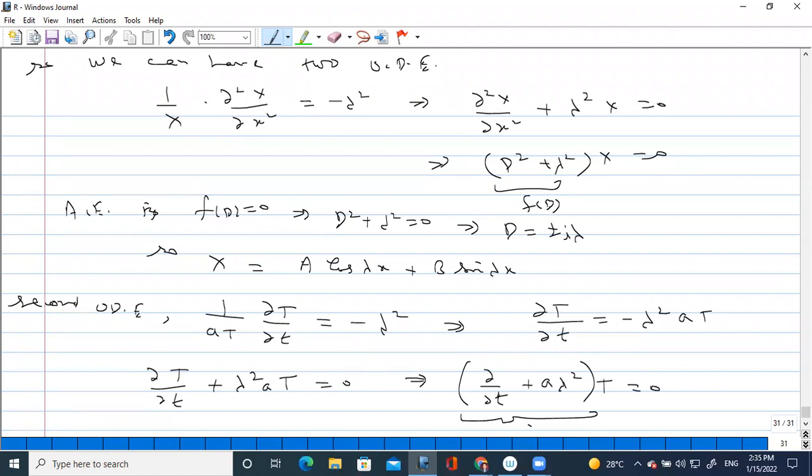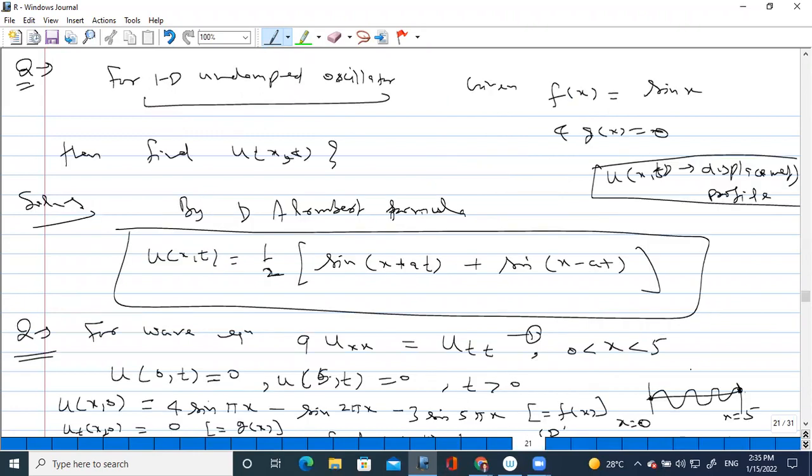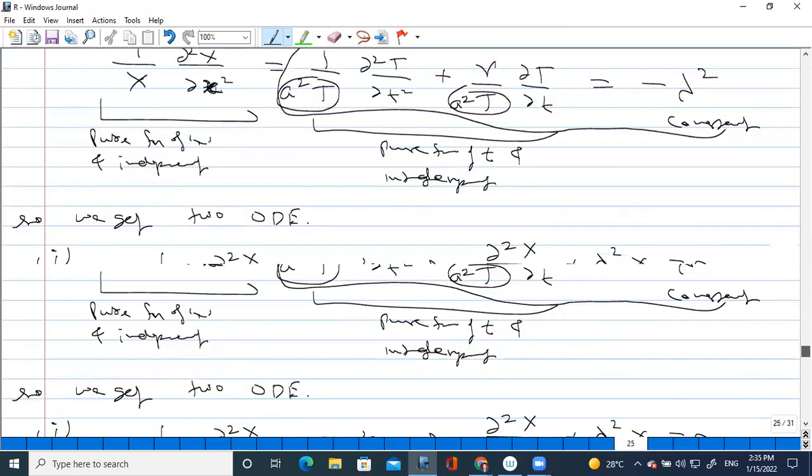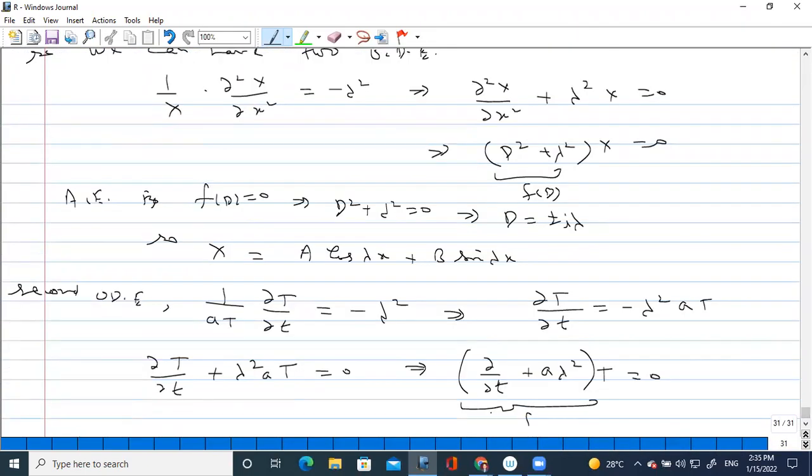So this will be working as F(D). Okay, so the auxiliary equation will be F(D) equal to 0, meaning D plus a lambda square equal to 0.